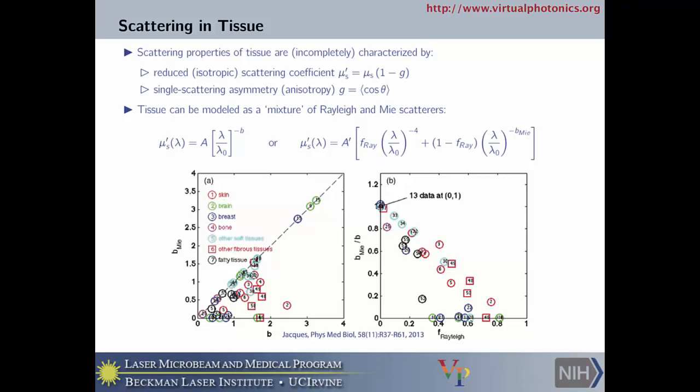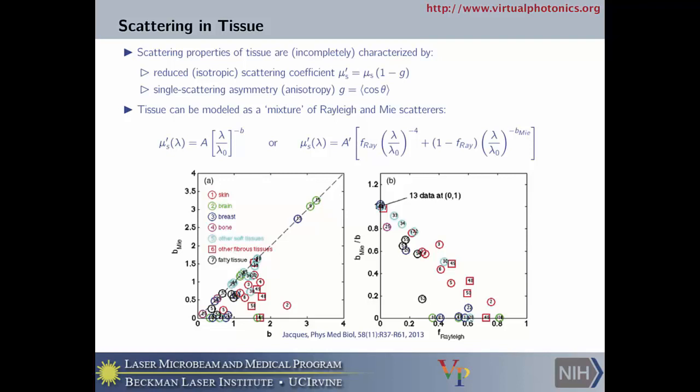Since we have a population or a mixture of Rayleigh and Mie scatterers, and since a lot of us do spectroscopy, it's helpful to model the wavelength dependent properties of scattering. Some people use a single power law. Basically, they characterize this reduced scattering coefficient as lambda to the minus b power, where lambda naught is the reference wavelength, times some magnitude.